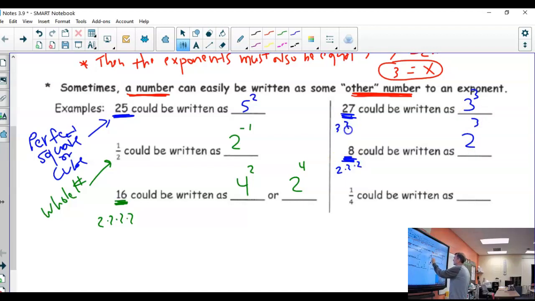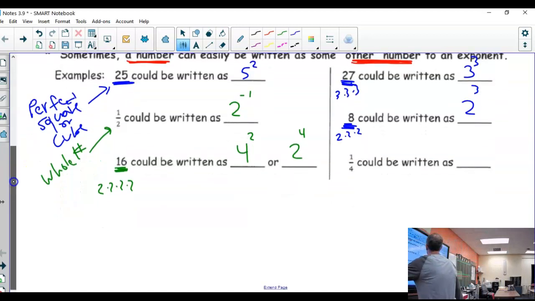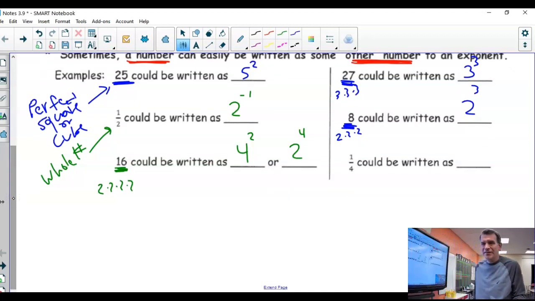Just like that is 3 times 3 times 3. And perhaps the trickiest one, 1/4. Okay, stay with me on this explanation for 1/4. I could write 1/4 as 1/2 squared.